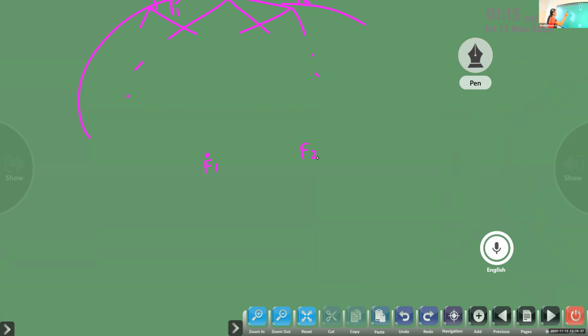We take only those points whose sum of distances from these two points will be the same. When you take those points and join them, you will get an ellipse.